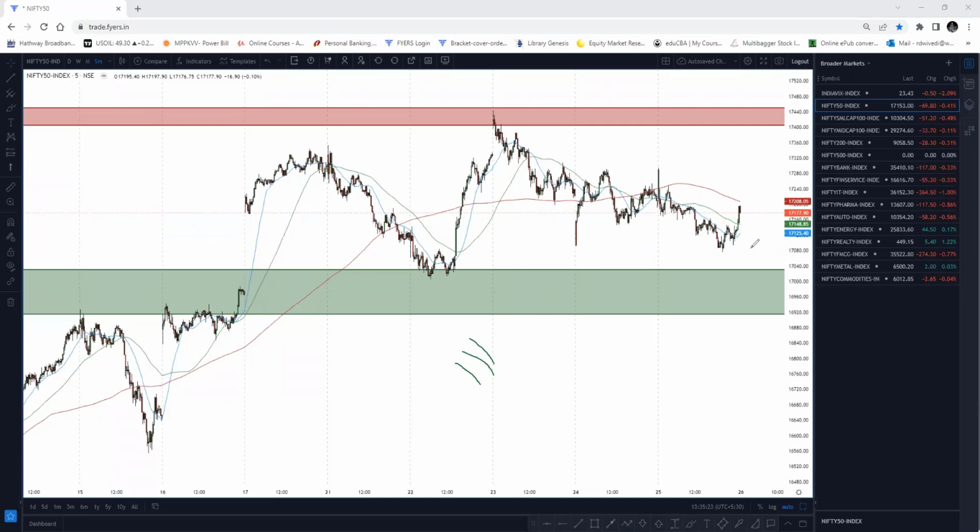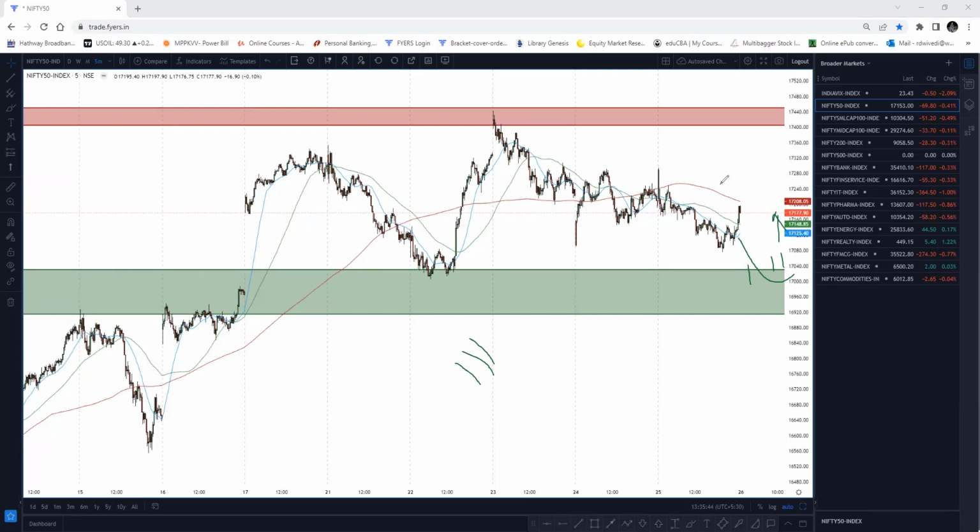So for prices to go up and for long trades, what I'm looking for here is that prices should come down to the support zone, form a strong bullish pattern and come above the 20-period moving average, and then we will go long in this market.